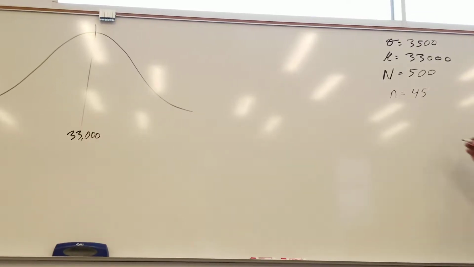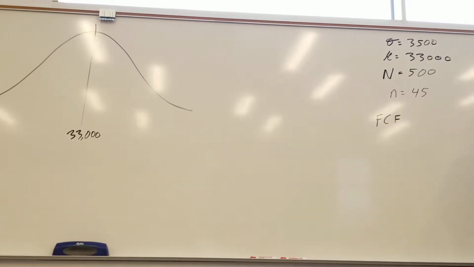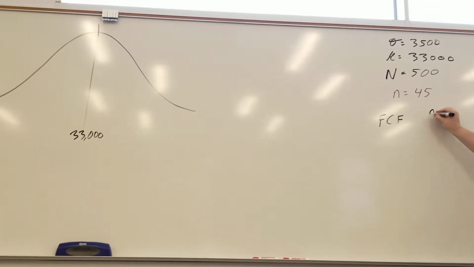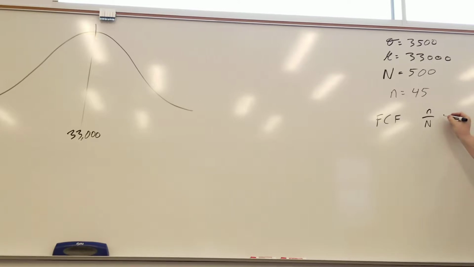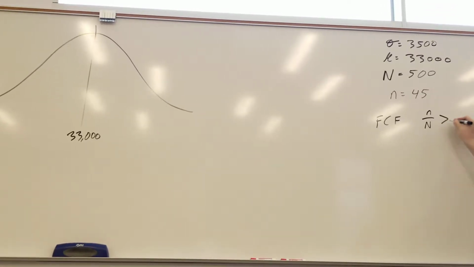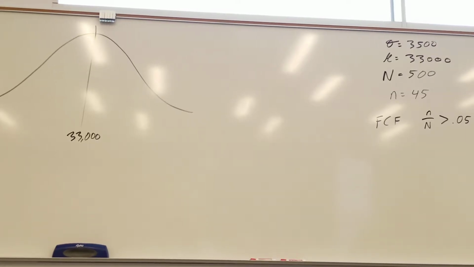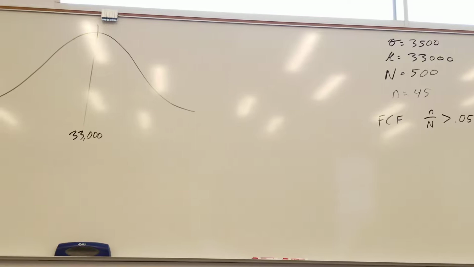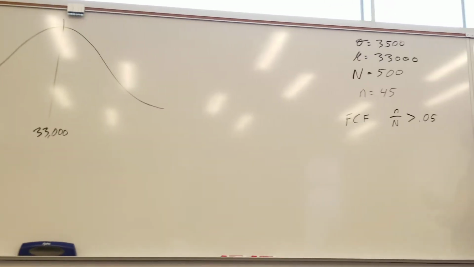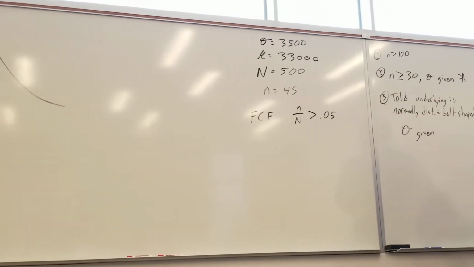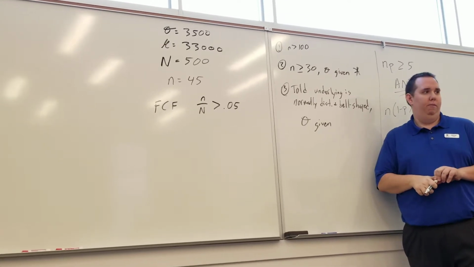So what's the rule for the finite correction factor? Sample n divided by population n is greater than 5%. The greater than or equal to is our rule over here in our proofs. Our finite correction is if our sample is more than 5% of our population, we get to use the finite correction factor.